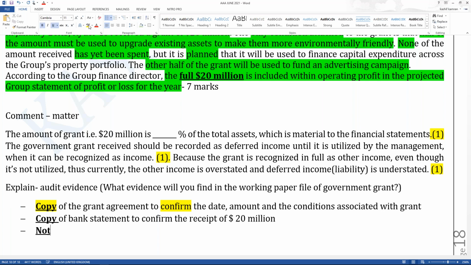Notes of discussion with the management, to confirm their plans of utilizing the grant.